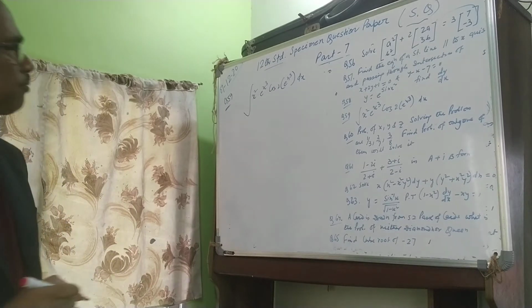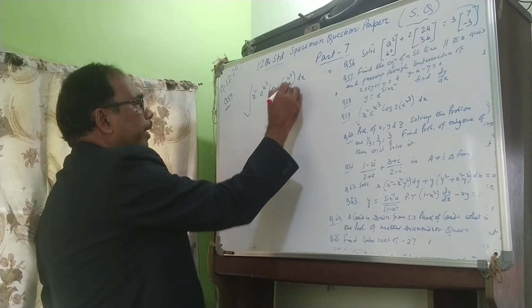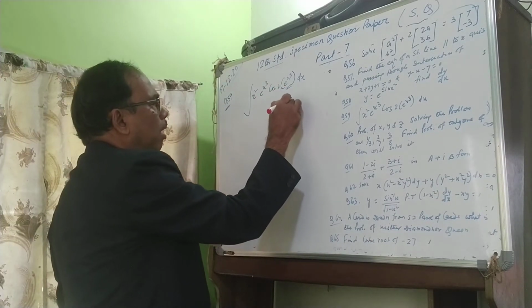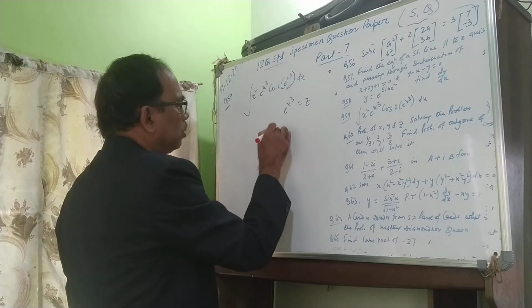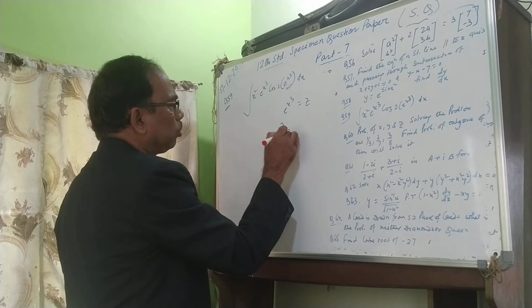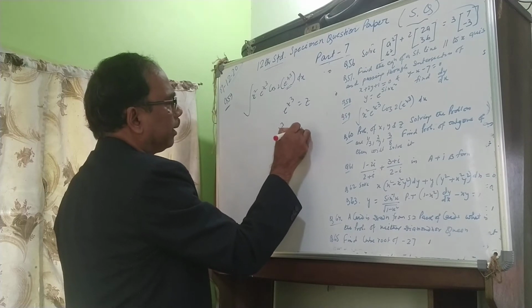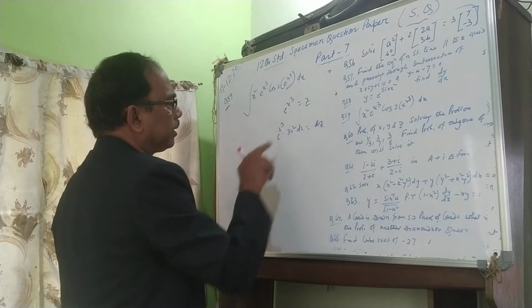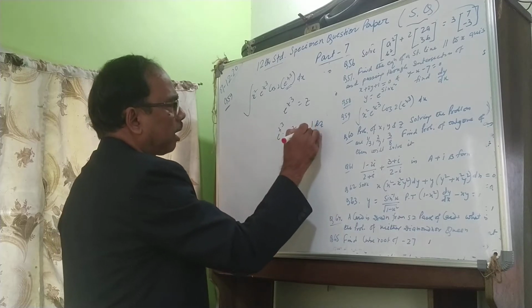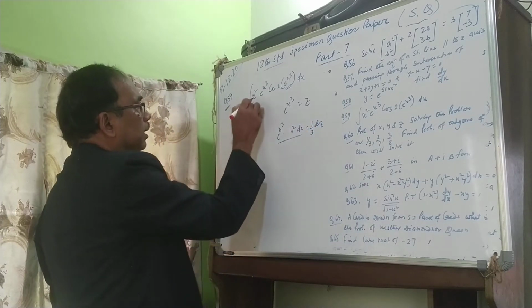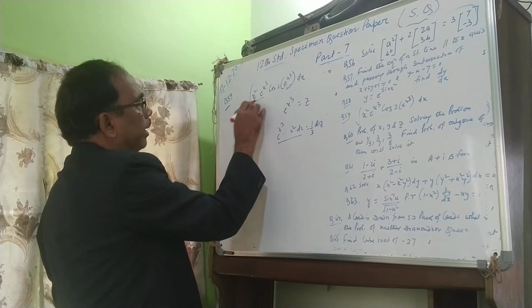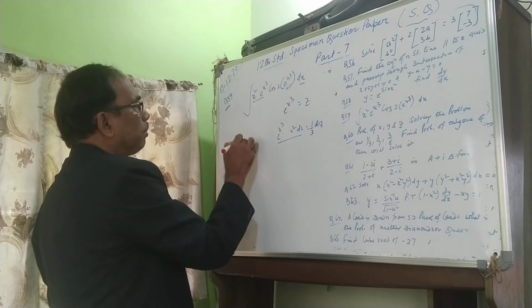Here substitution: e to the power x cubed equals z. Now differentiating, e to the power x cubed into 3x squared dx equals dz, so x squared e to the power x cubed dx is 1/3 of dz.